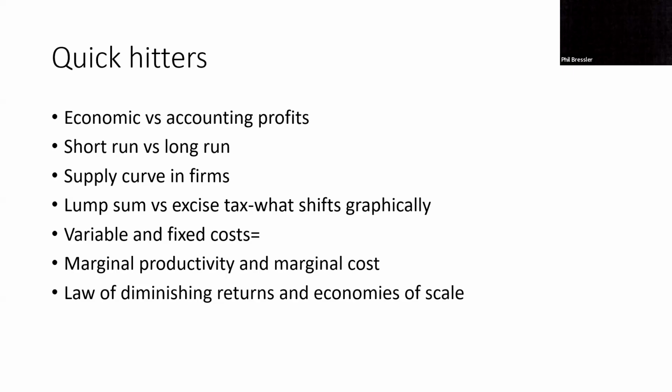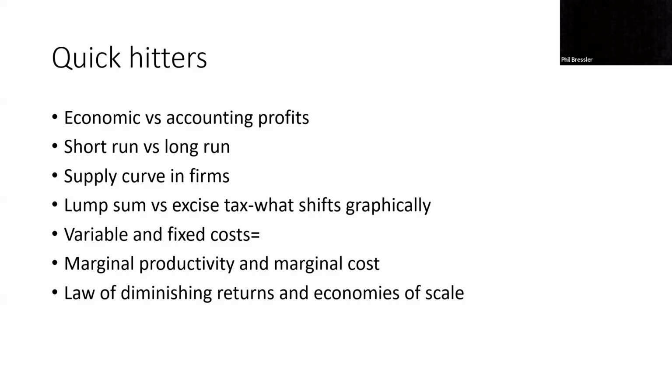I don't know who was here yesterday and who wasn't, so I'll just go through these quick hitters again quickly. Economic profit is total revenue minus explicit and implicit costs. Explicit costs are anything you pay for: rent, food, labor. Implicit cost is something you give up.